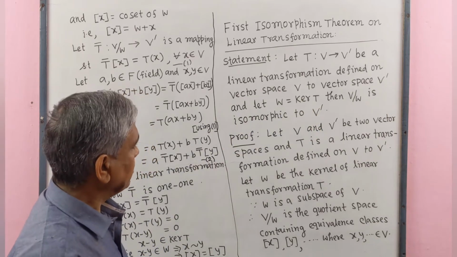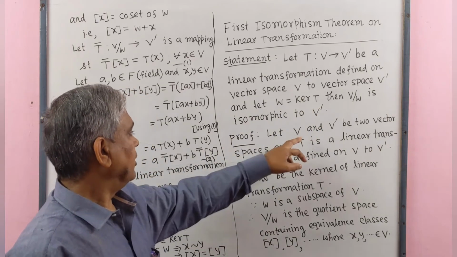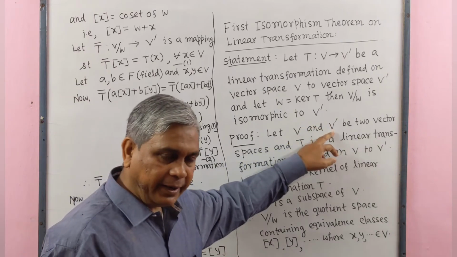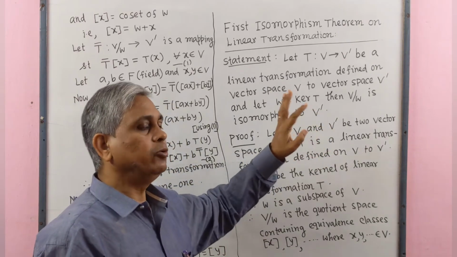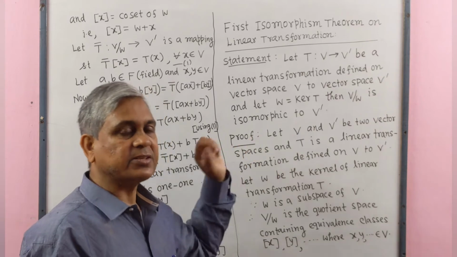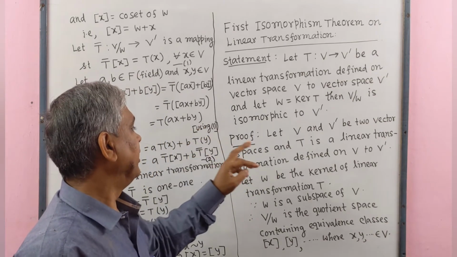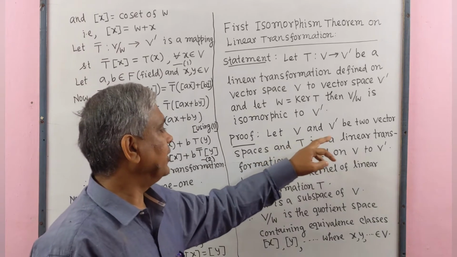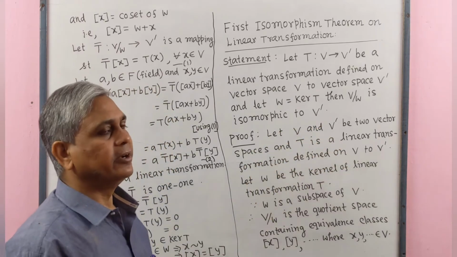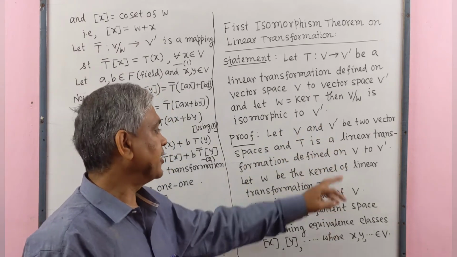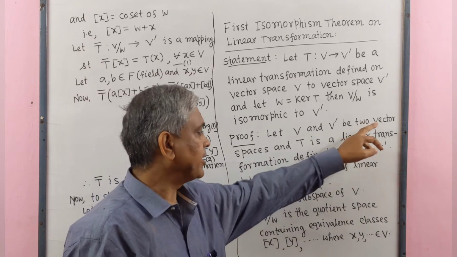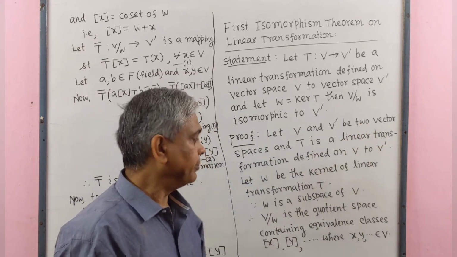Now we prove this. Let V and V prime be two vector spaces defined on field F, and T is a linear transformation defined on vector space V to vector space V prime.